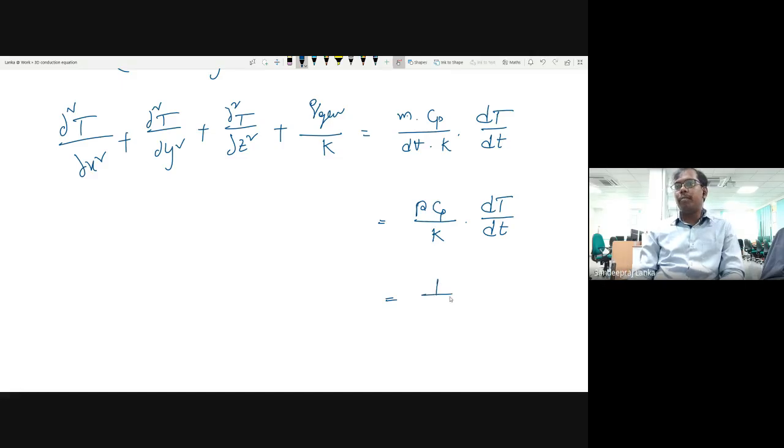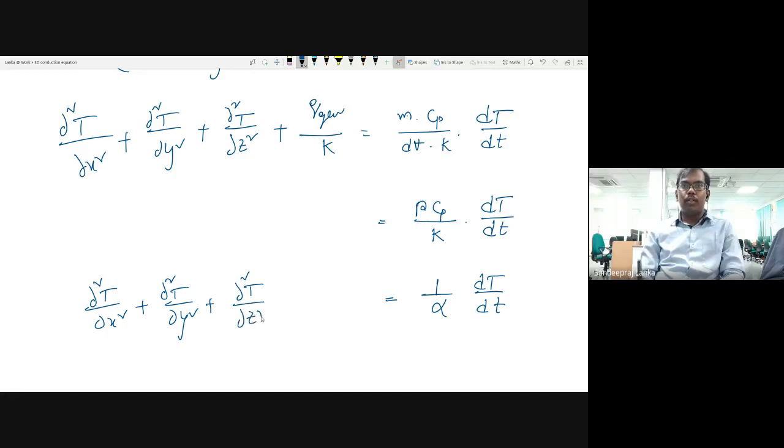You have represented it with alpha. So here it is reverse, so we will write it as 1 by alpha into dT by dt. On this side you will get del square T by del x square plus del square T by del y square plus del square T by del z square plus q gen by k.